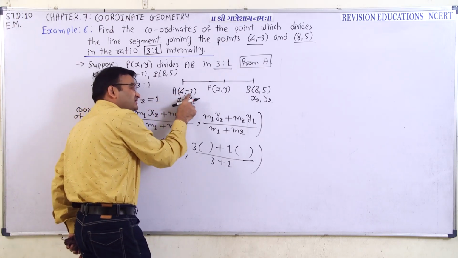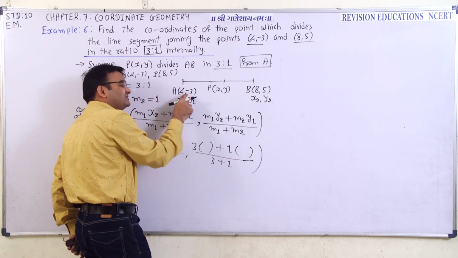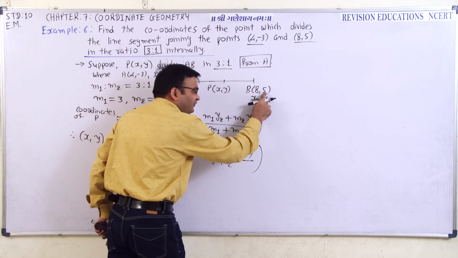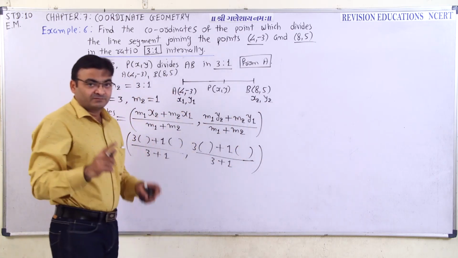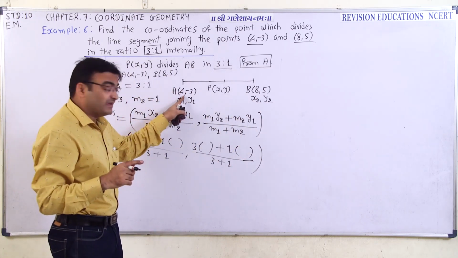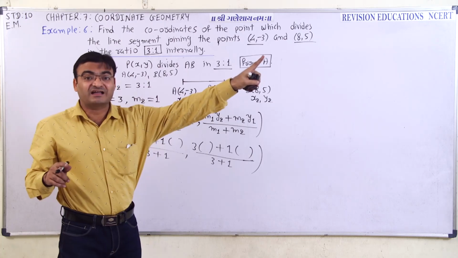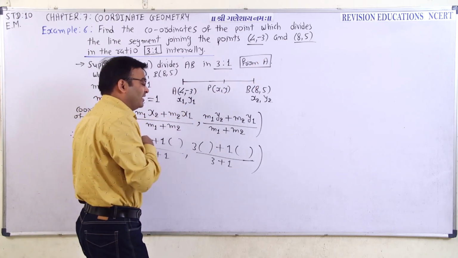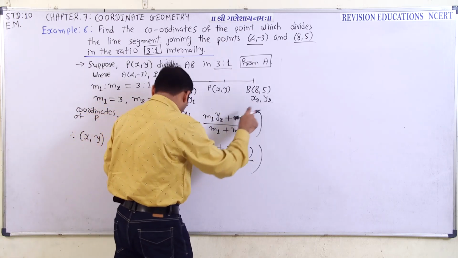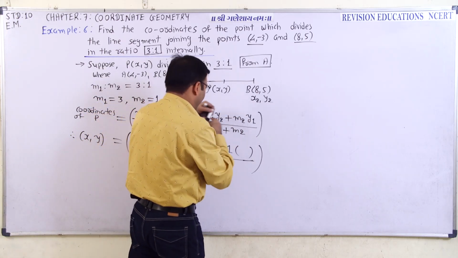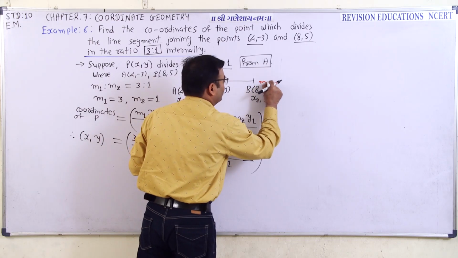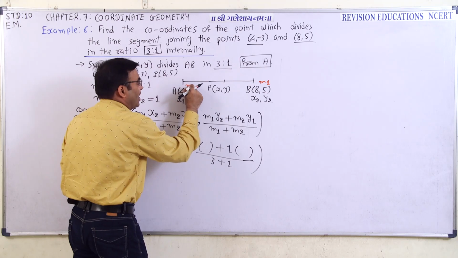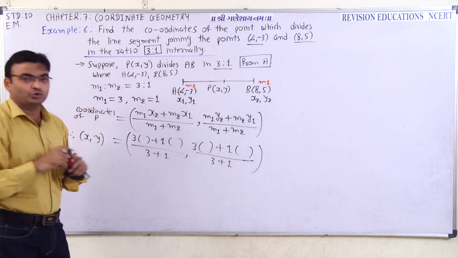So this 4 and -3 is taken as x1 and y1 and (8, 5) as x2, y2. ध्यान रखो, पहले एक पॉइंट दिया है तो एक ही वर्ड से हमको समझना है। Now you must multiply this x2 always with m1, and this x1 always with m2.